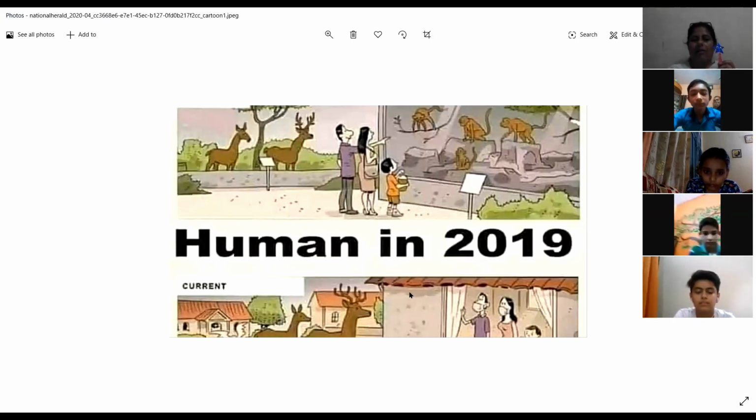They are freely walking on the road and we are caged. See the way they looked at us. So the scenario has changed. We should learn a lesson that nature takes revenge. Right now nature is taking revenge. We are all alone now. Very good. All right, next picture.